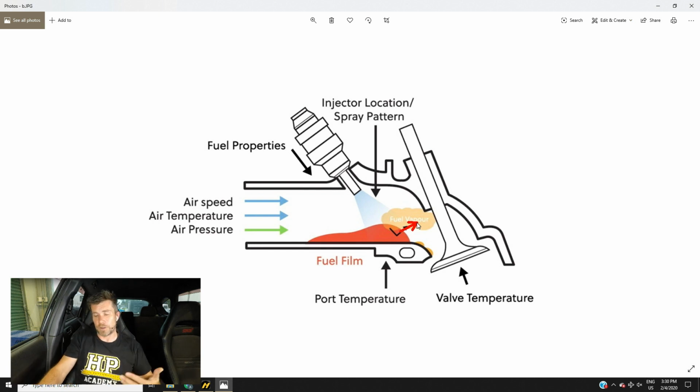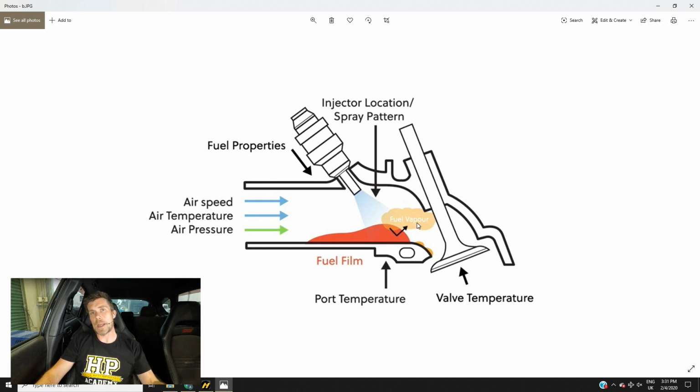So essentially for a very short period of time until that fuel film reaches equilibrium again, or it reaches a constant size, a portion of the fuel that's being injected actually isn't making its way into the cylinder. Instead it's being used to increase the volume of that fuel film. So this is why we see a lean condition during tip-in, even when our fuel table or our VE table is correctly calibrated.